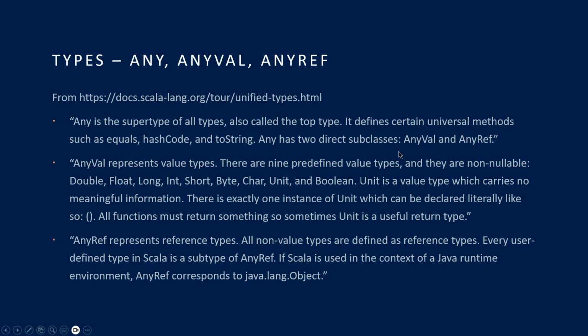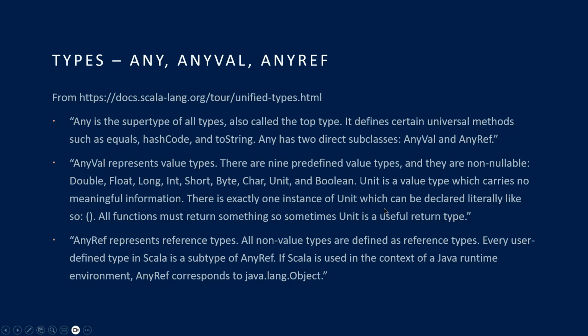AnyVal represents value types, and there are nine predefined value types. They are non-nullable: Double, Float, Long, Int, Short, Byte, Char, Unit, Boolean. Unit is a value type that carries no meaningful information. You saw me using that where I was defining things where I didn't need any meaningful value returned, because the method was a function that was doing something, but it wasn't returning a value.